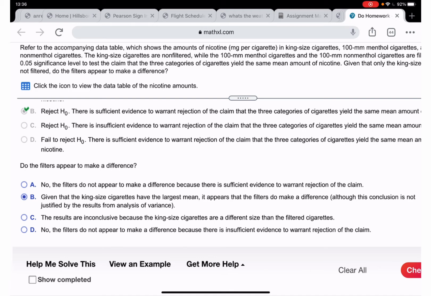Why did we choose this one? Because we're rejecting the null hypothesis. That means we reject the fact that the means are equal, and therefore we choose the answer that says they are different.